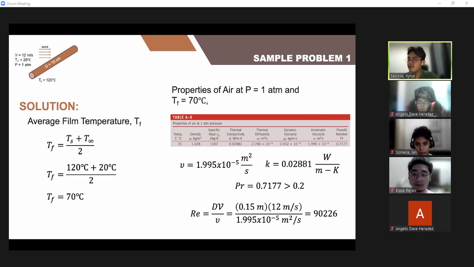The density at these conditions is 1.028 kg per cubic meter, while the dynamic viscosity is 2.052 times 10 to the negative 5 kg per meter second, which gives a kinematic viscosity of 1.995 times 10 to the negative 5 square meters per second, and this will be used in solving for the Reynolds number. Consequently, the thermal conductivity at these conditions is 0.02881 watts per meter Kelvin, and the Prandtl number is 0.7177, which is greater than 0.2.